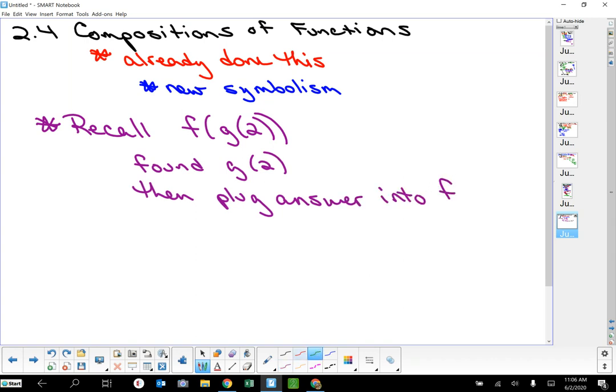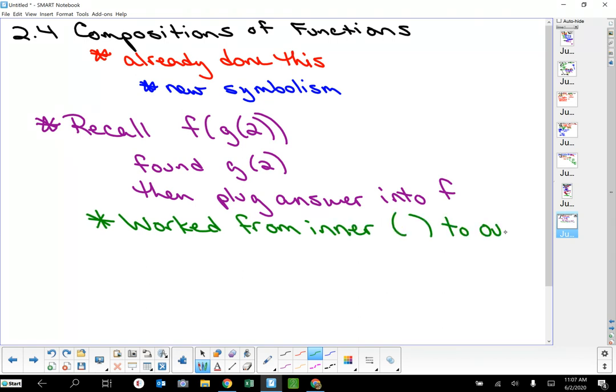We worked from the inside parentheses to the outside. Well, that's exactly what we're going to do in this section, except like I said, there's some different symbolism that you're going to see. So compositions of functions utilize a new symbol that you've never seen in math before.